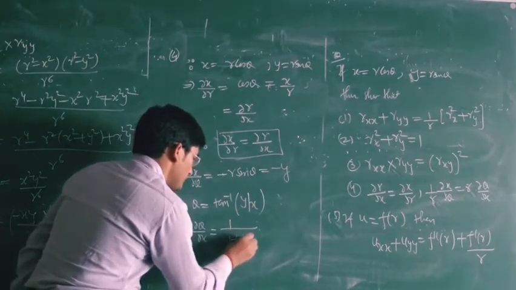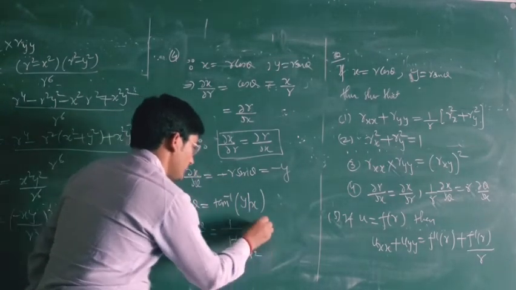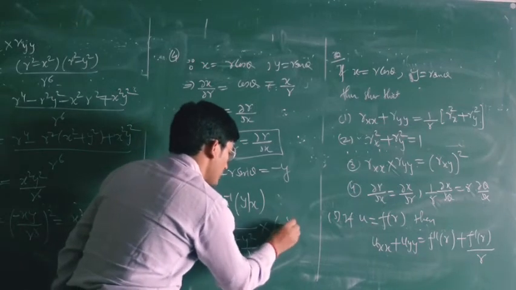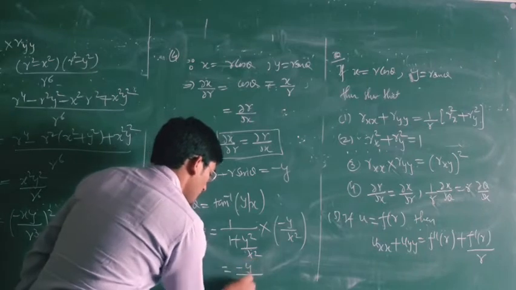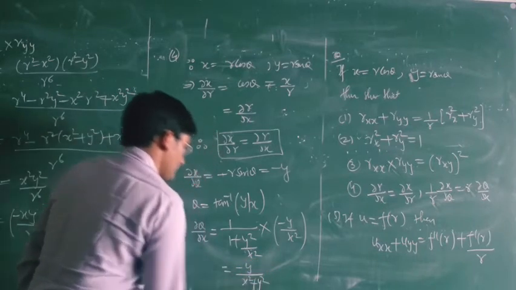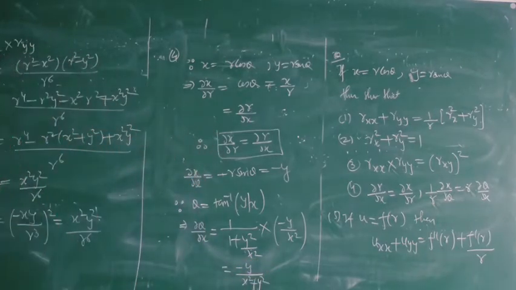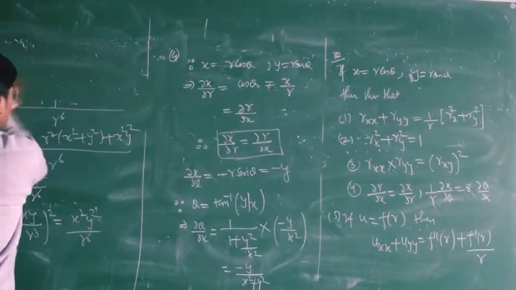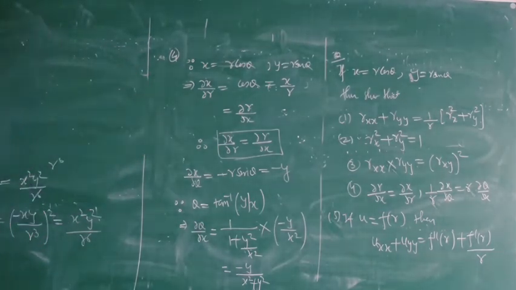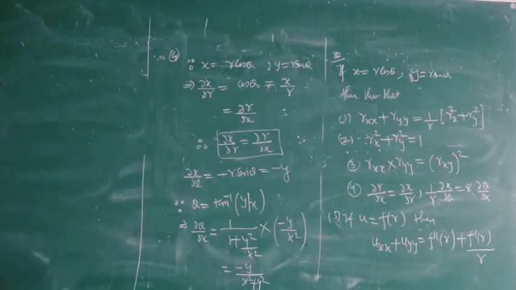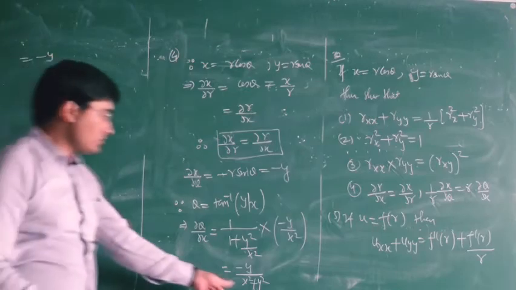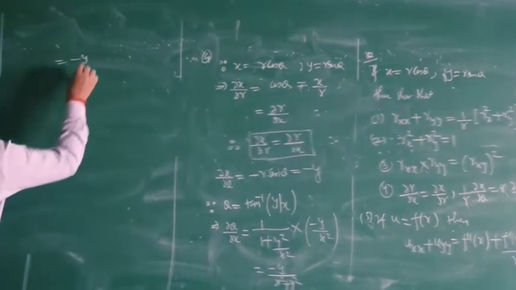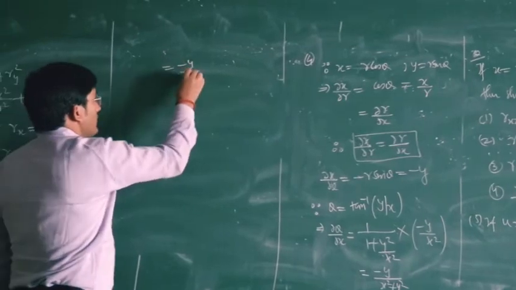So we will have 1 plus y square upon x square, and then the differentiation of this will be minus y upon x square. So this is equal to minus y upon x square plus y square, and x square plus y square is r square. So this is equal to minus y upon r square.